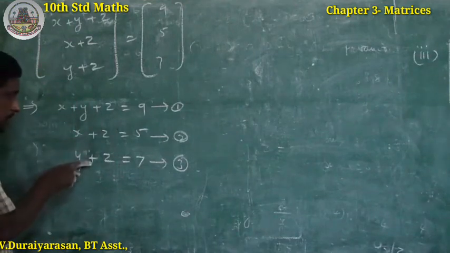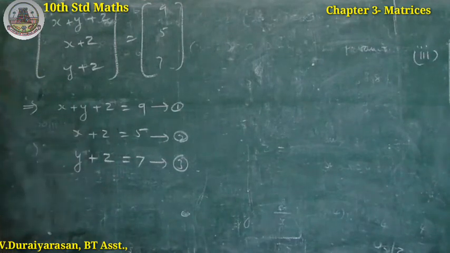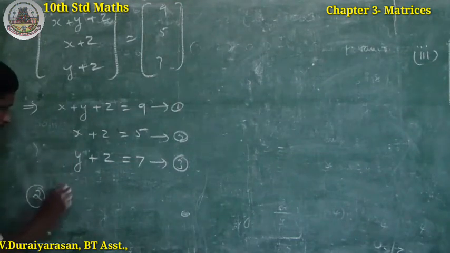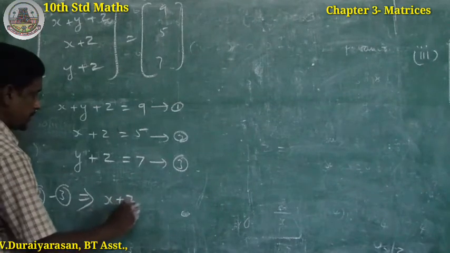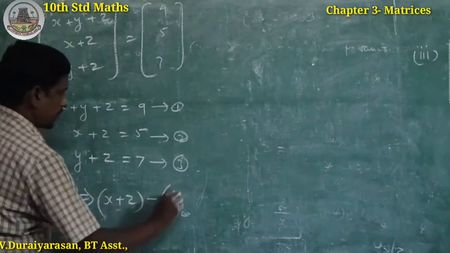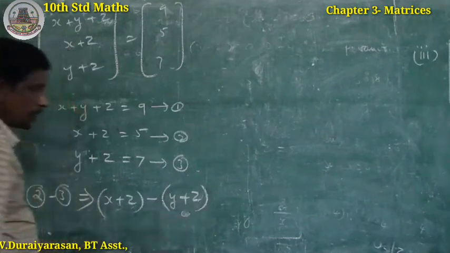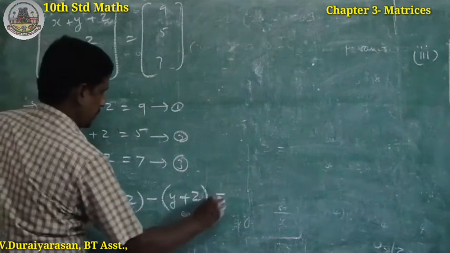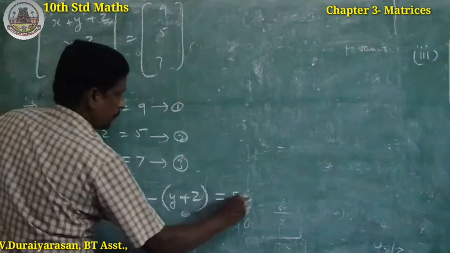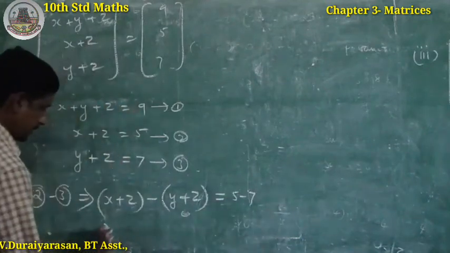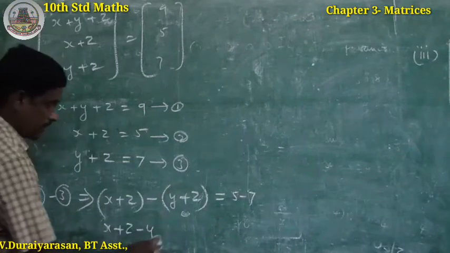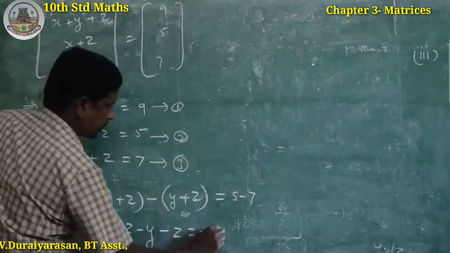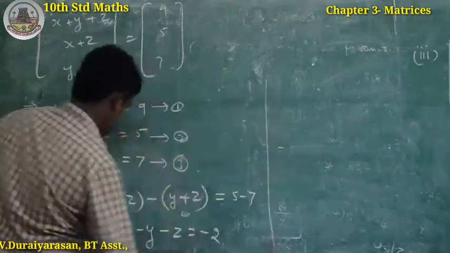To eliminate z, 2 minus 3, that implies x plus z minus y plus z is equal to 5 minus 7. x plus z minus y minus z is equal to minus 2.